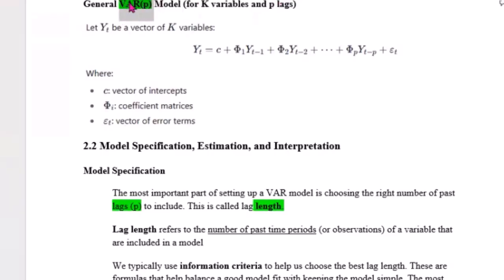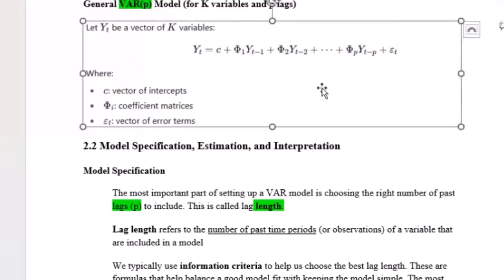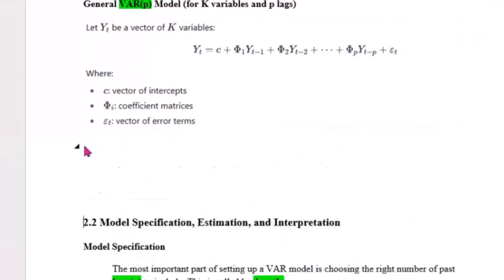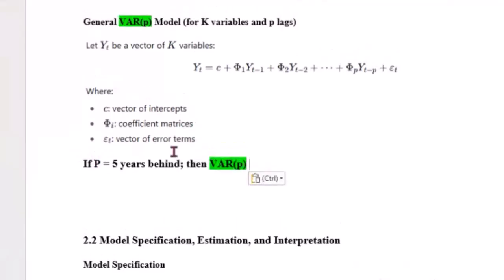So let's assume P is 5 years behind. Then you have VAR 5. It means that you are looking at 5 lags, 5 years or 5 periods behind.